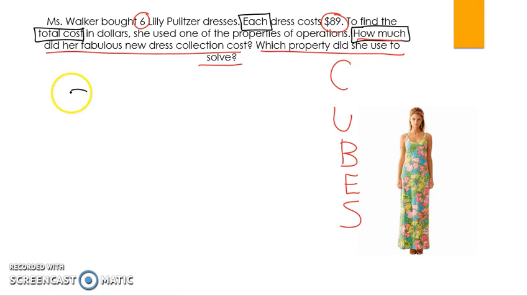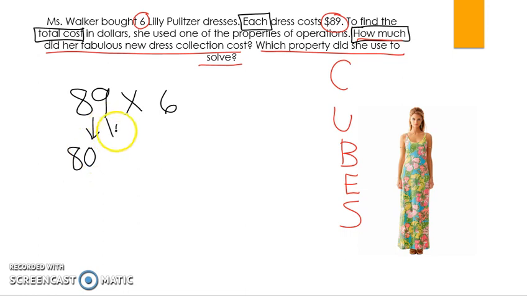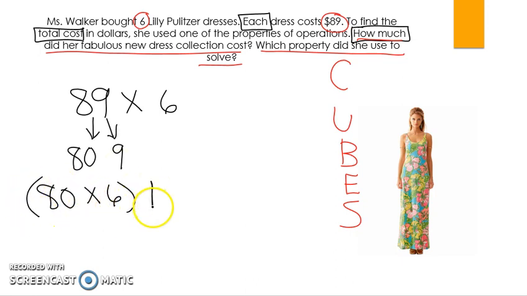So if we have 89 times 6, this is going to become an 80, and this number here is going to be a 9. So we will have 80 times 6 plus 9 times 6.